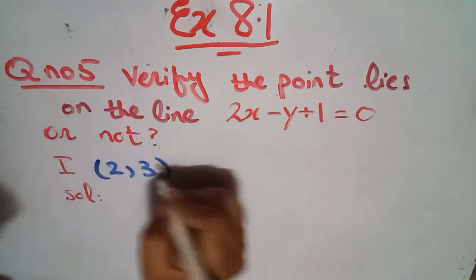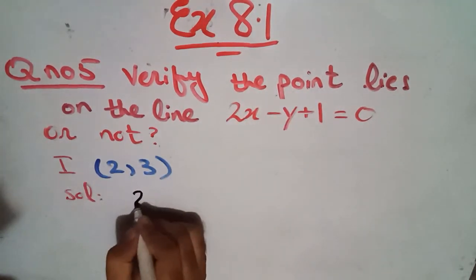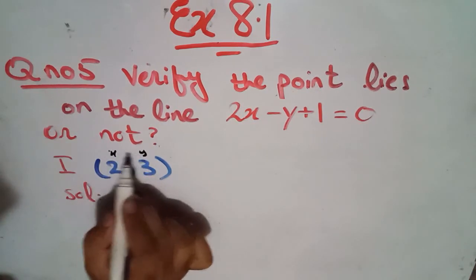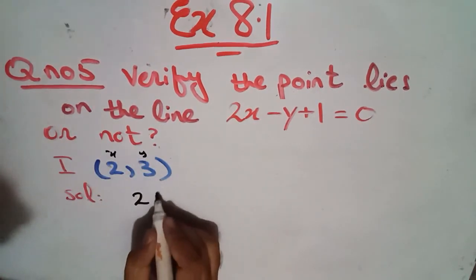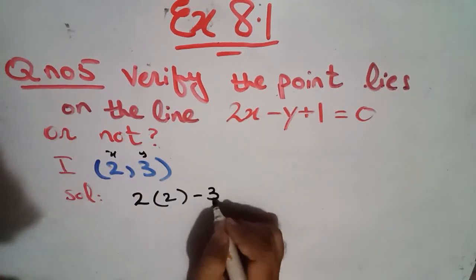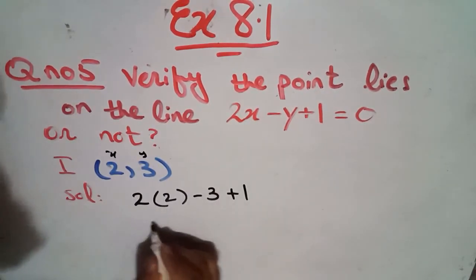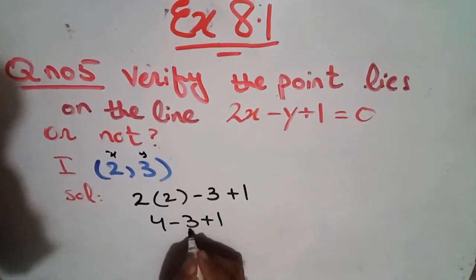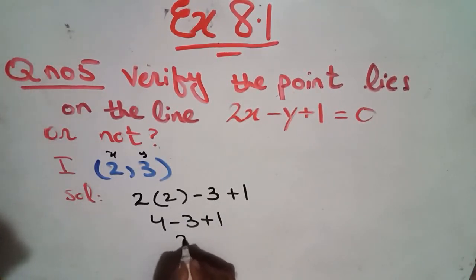As you know, the first value is the value of x and the second value is the value of y. So you will simply put 2 into 2 minus 3 in the place of y, plus 1. 2 twos are 4 minus 3 plus 1, 4 and 1 is 5, 5 minus 3, that will be 2.